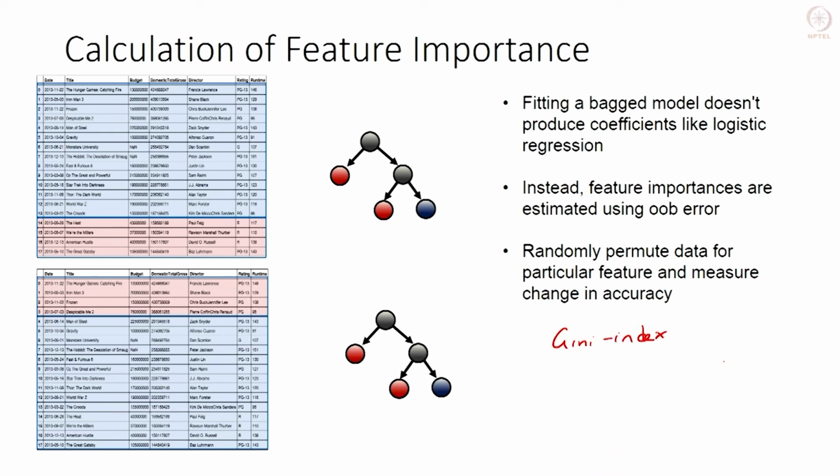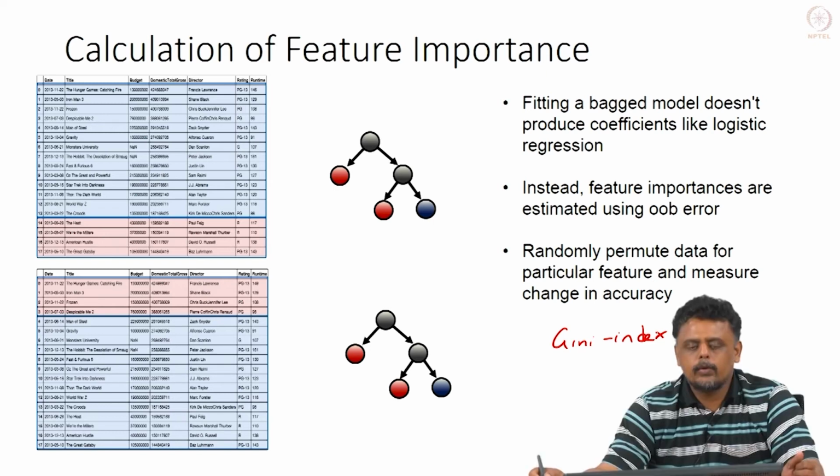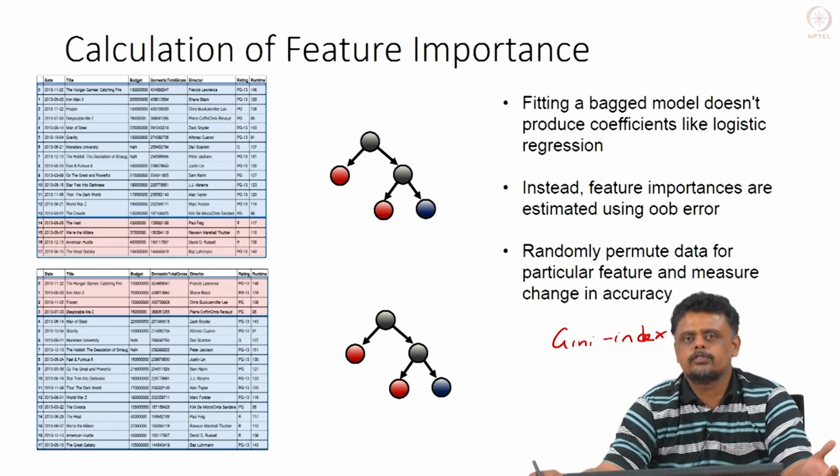This was our way of figuring out the most significant features in our data, right. When it comes to bagging, it is not one decision tree that we are looking at, we are looking at hundreds of trees, and then it is very difficult to make this decision. How do we figure out which is the most important feature?